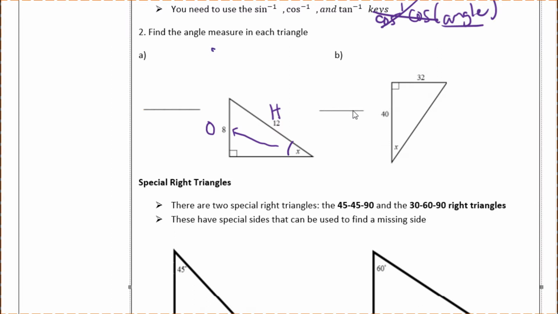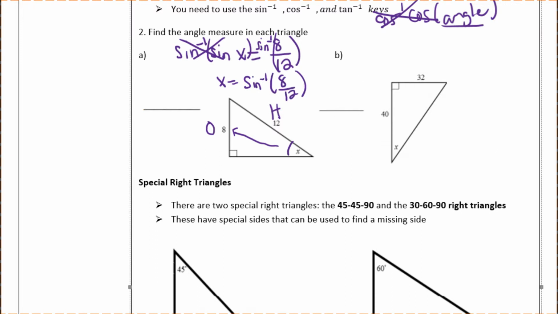So we got sine of x, because that's my angle, equals opposite over hypotenuse. Now to get rid of the sine, we introduce the inverse sine. The inverse sine cancels out with the regular sine, because remember, inverses are opposites. So we have x equals inverse sine of 8 over 12. And then we can plug that in the calculator.